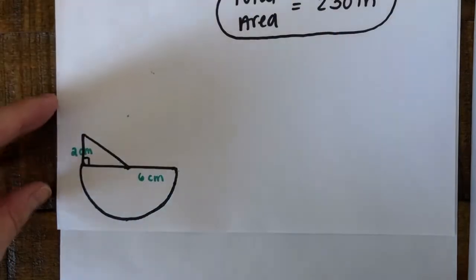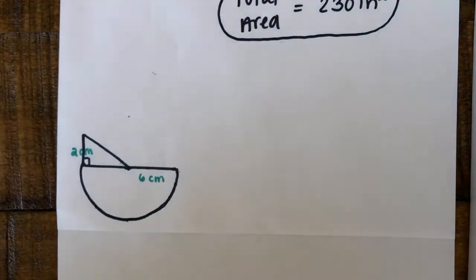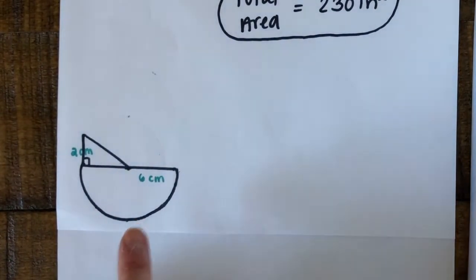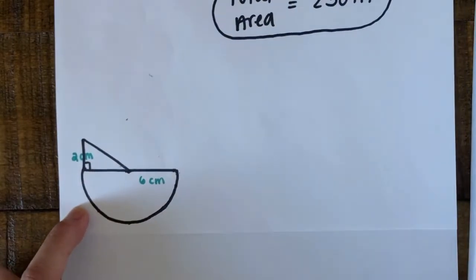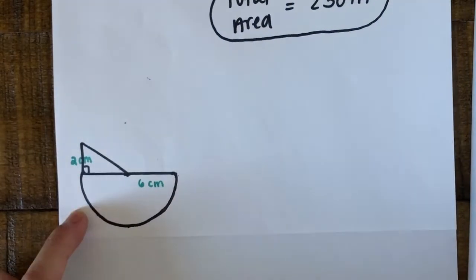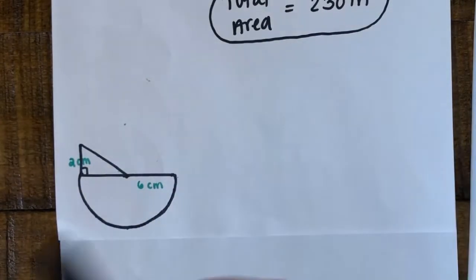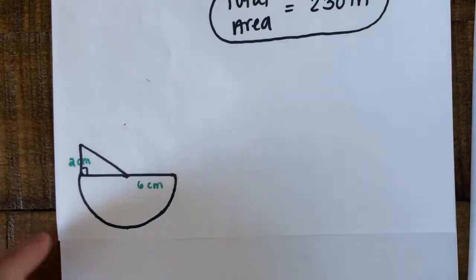Our next composite shape looks like a little boat here, and they kind of gave me a little bit more of a hint on this one because they drew in the line for me that connects my two shapes. But I see that I have a rectangle and I have a semicircle. So I'm gonna make a spot in my work to find the area of both of those things.